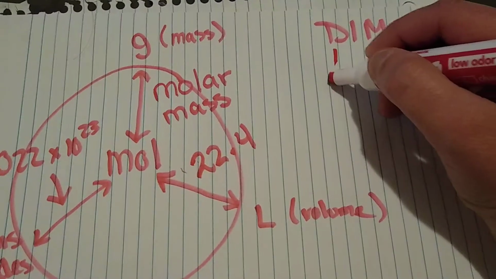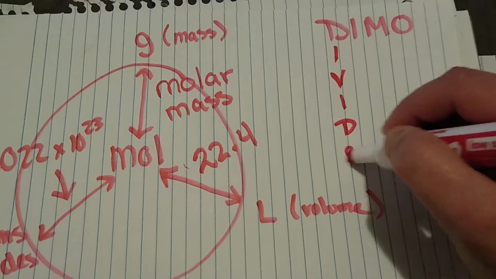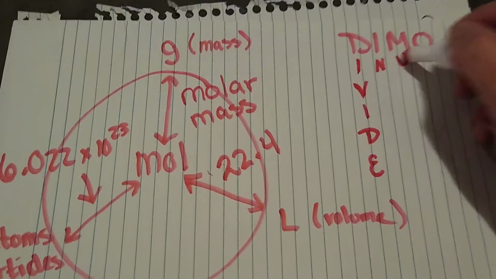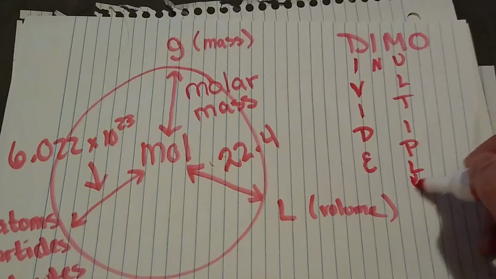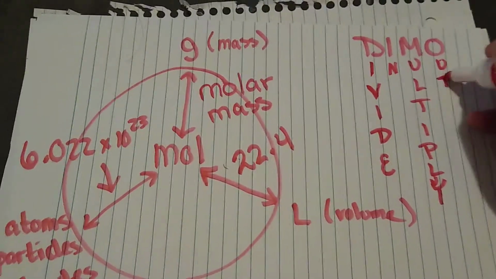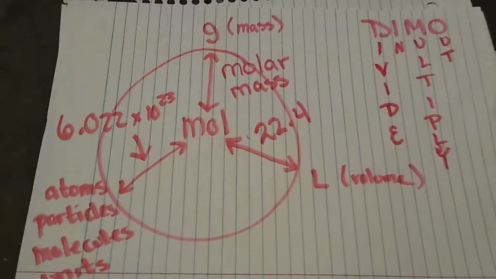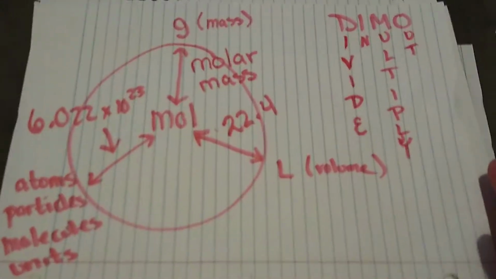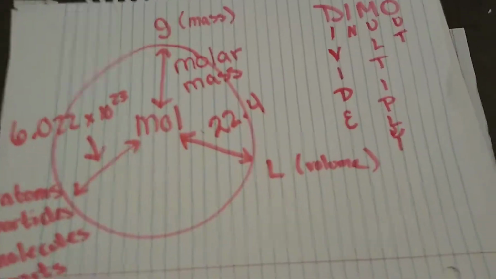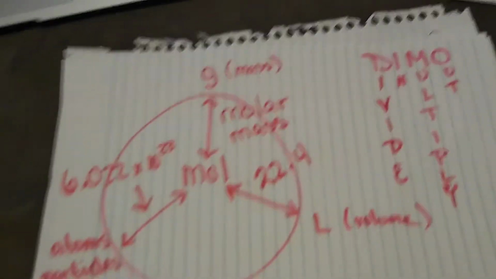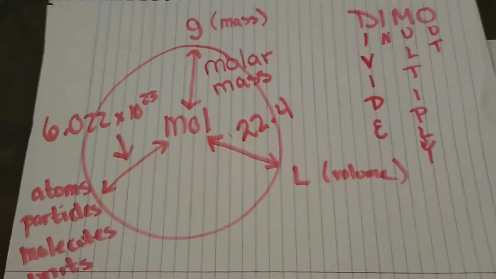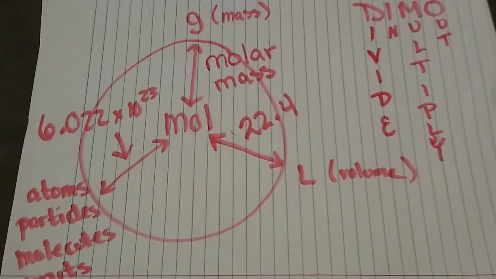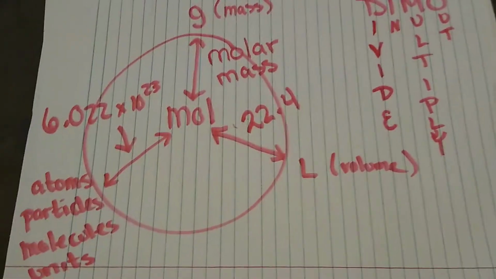Okay, so in other words, divide in and multiply out. And as we go through these 6 problems that I have for you, which are the same ones, and I did it on purpose, the same ones as Tyler DeWitt, it just shows you that no matter whether you use dimensional analysis or the circle method, which is just plain multiplication and division, you're going to get the same answer.